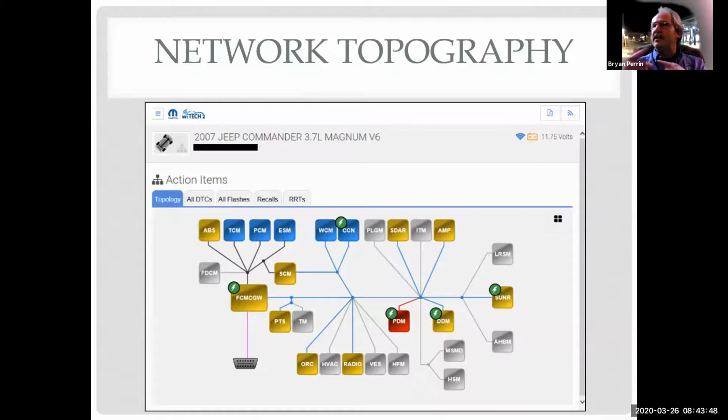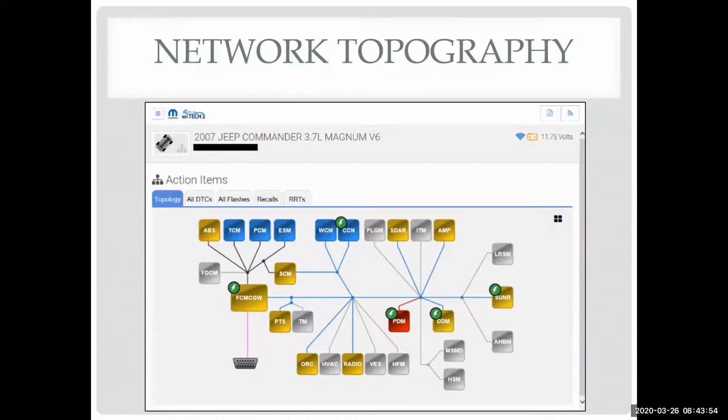So this guy is a gateway. He's able to translate. He's also able to share information between different networks. So for example, we may have something that I need information on that's in one network that another network might want that information for. So it allows me to go back and forth between those networks.